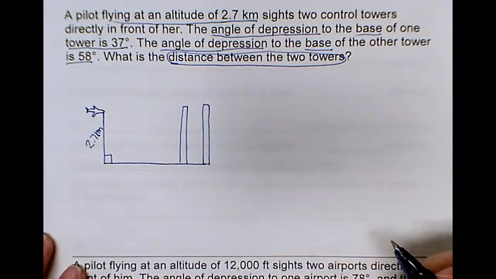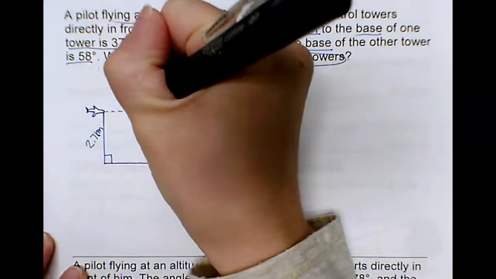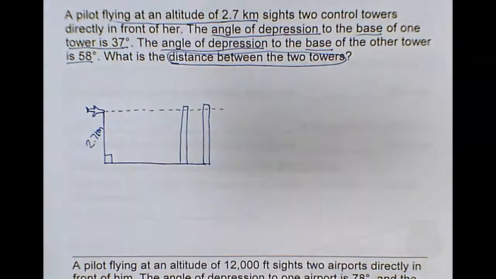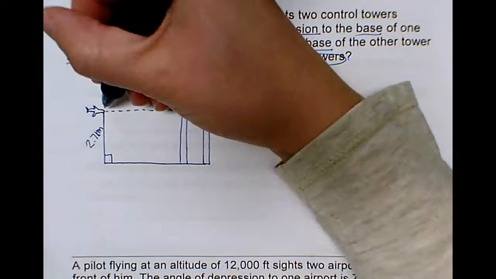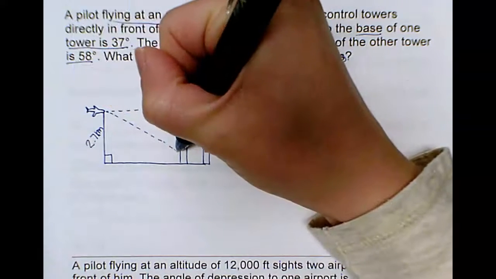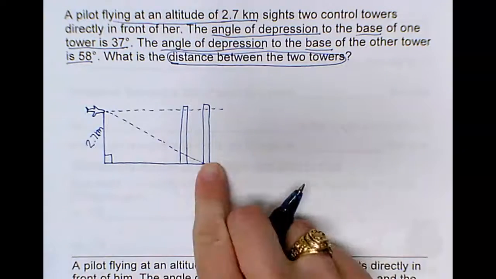So I'm going to go ahead and draw my horizontal line. And then I have two angles of depression. One of them, the smaller of the two angles, is to a tower and it's 37 degrees. So that would be to the tower that's further away. Remember, it is to the base down here.